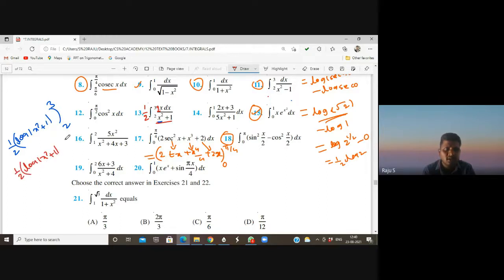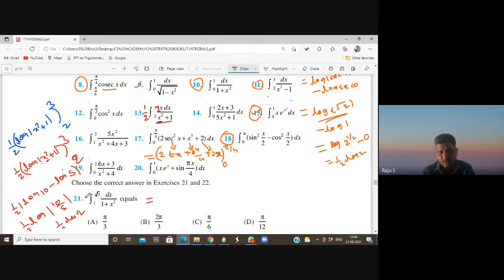Now 2 to 3, apply the upper limit. So 1 by 2 times log of 3 square plus 1, that is 10, minus log of 2 square plus 1, 5. So 1 by 2 log 10 by 5, that is log 2. 1 by 2 log 2 is the answer.